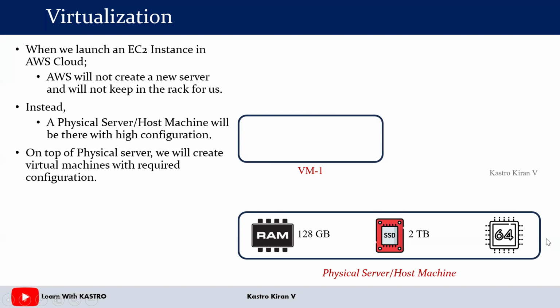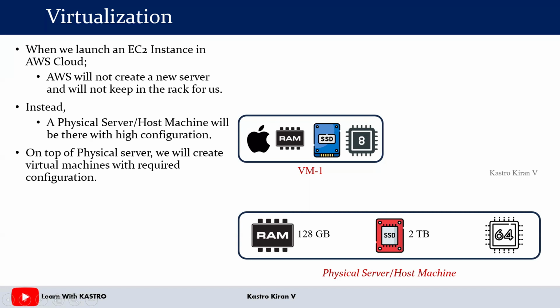Now, let's say you are launching one EC2 instance, a virtual machine. This virtual machine will have a different set of configuration. Let's say the operating system is Mac operating system. Out of 128 GB of the host machine, let's say you have used some 10 GB, and out of 2 TB, you have used, let's say, some 500 GB of SSD.